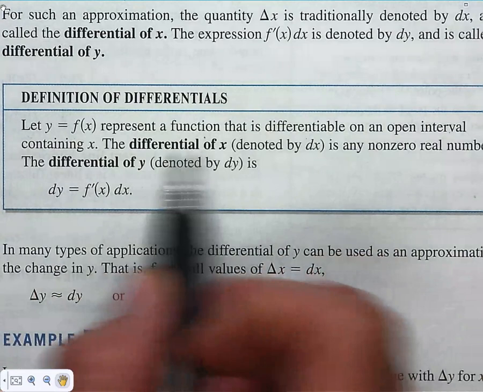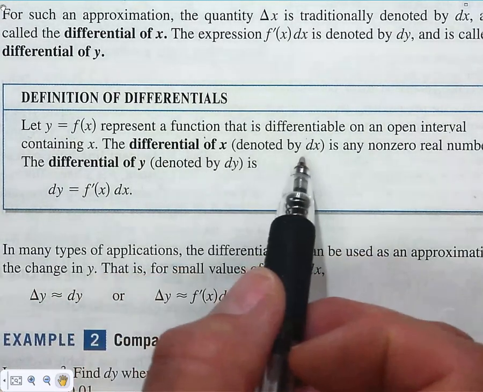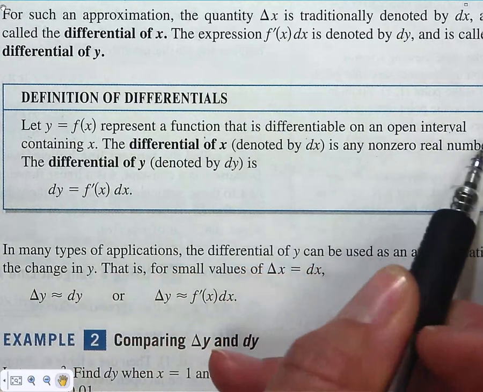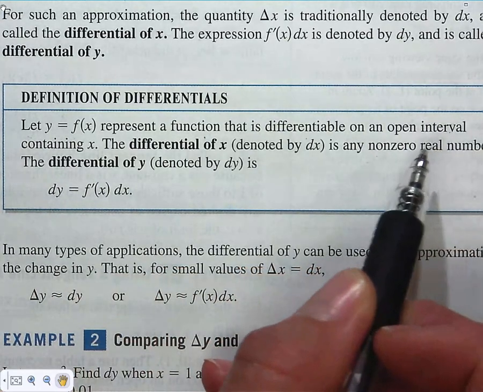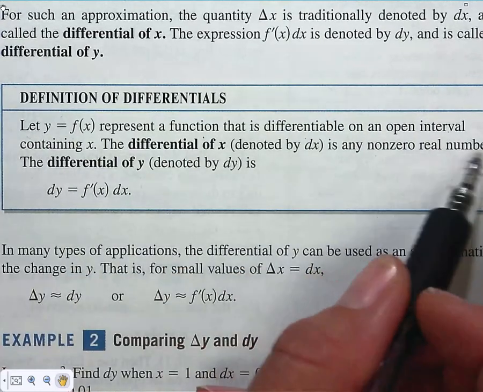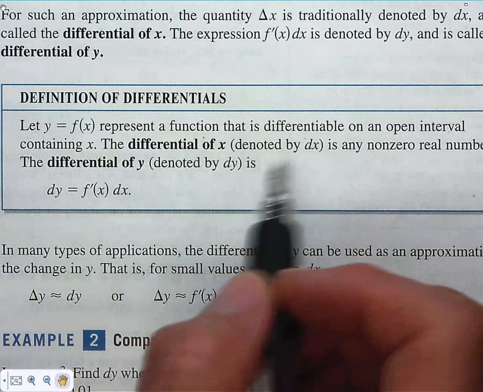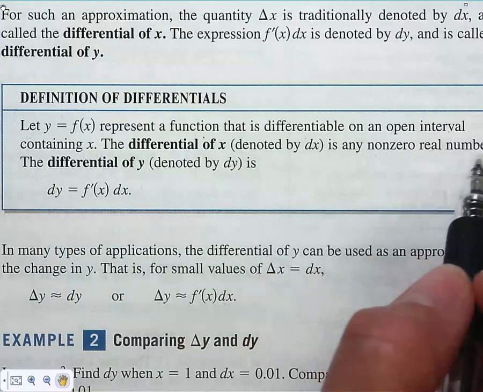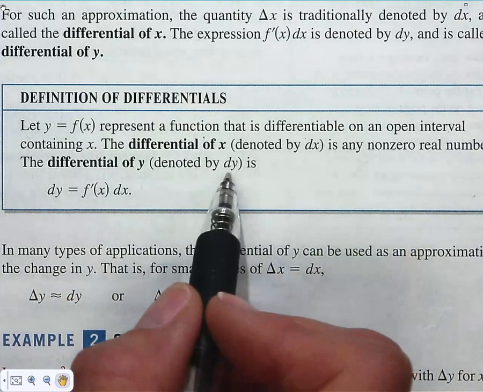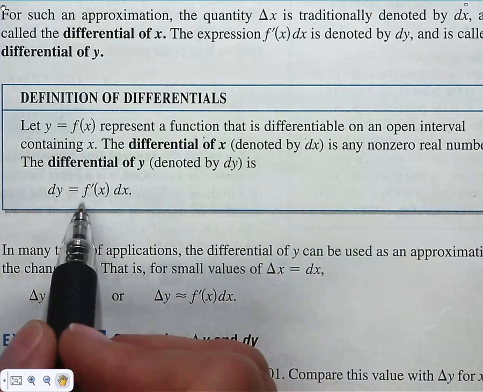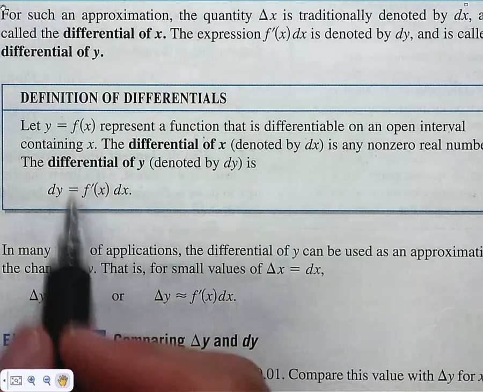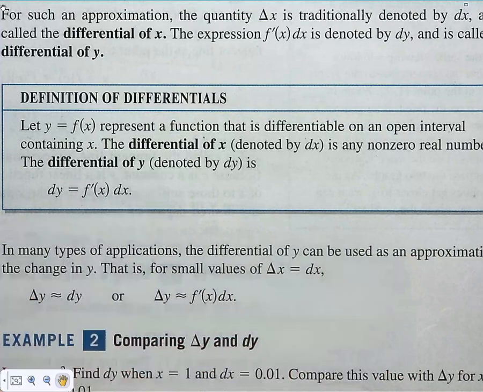The differential of x, denoted by dx, is any non-zero real number. The differential of y, denoted by dy, is just f prime of x dx. dy is just the derivative of the function times the differential in x.